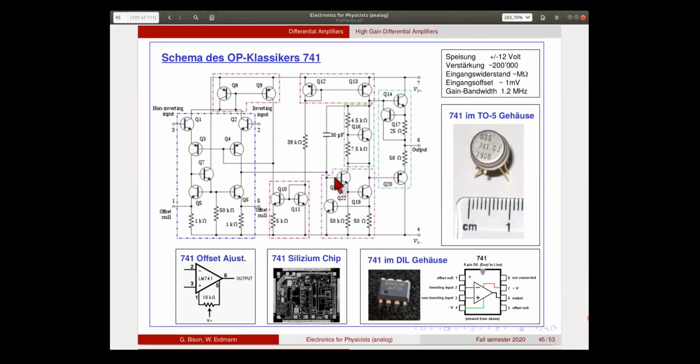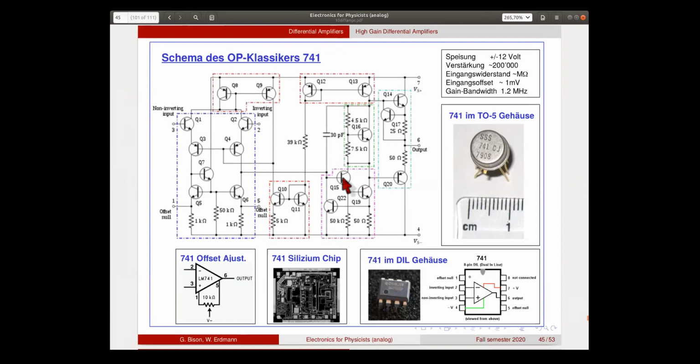So the current from this transistor is fed directly into the next one, making these two look like one transistor which has a super high beta. So the beta of these two is basically multiplied, because the base current that flows in here is multiplied once, and then it flows in here and it's multiplied again.